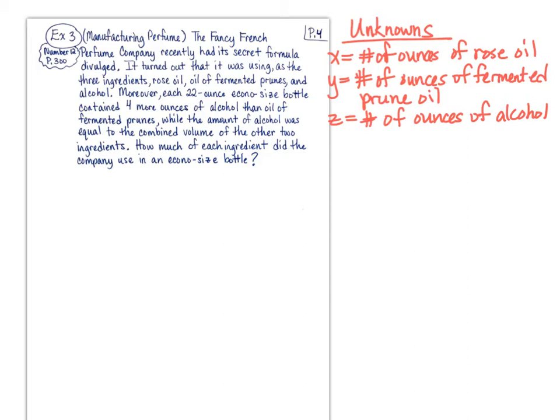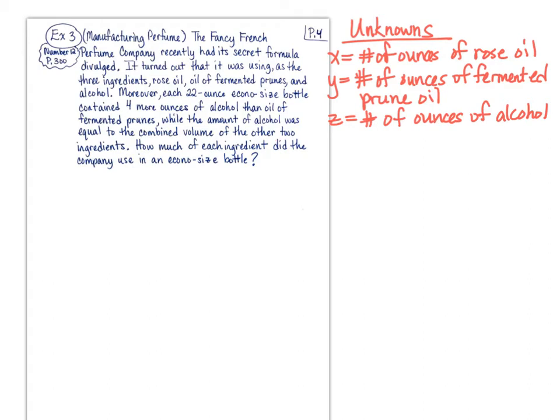Now, we have to figure out how to come up with our equations here. It says, moreover, each 22-ounce econo-sized bottle contains all of this. So, let's just read it. Moreover, each 22-ounce econo-sized bottle contains 4 more ounces of alcohol than oil of fermented prunes, while the amount of alcohol was equal to the combined volume of the other 2 ingredients.